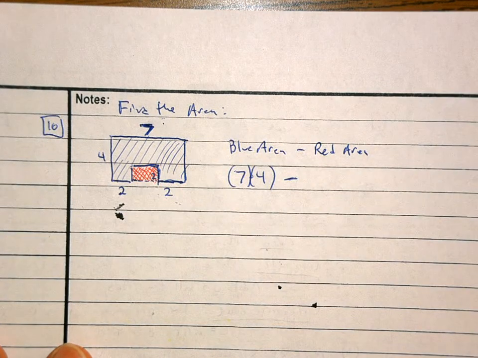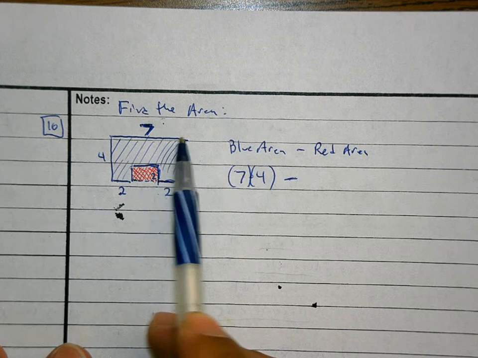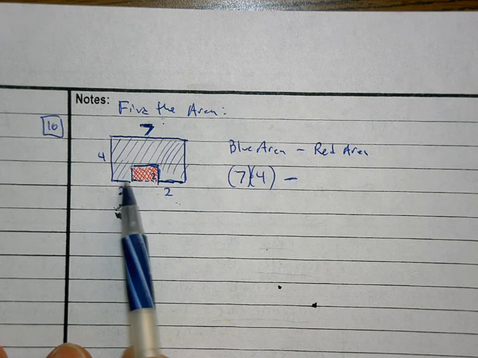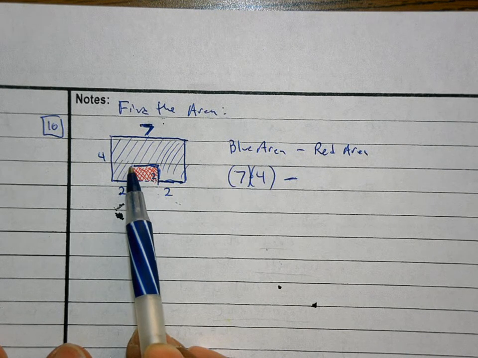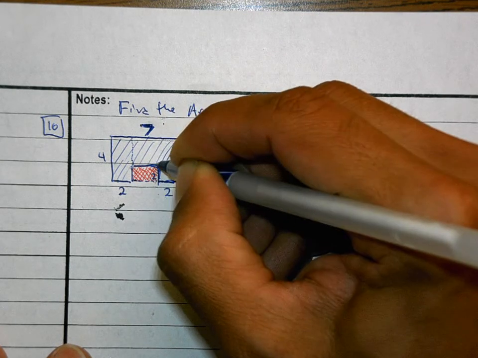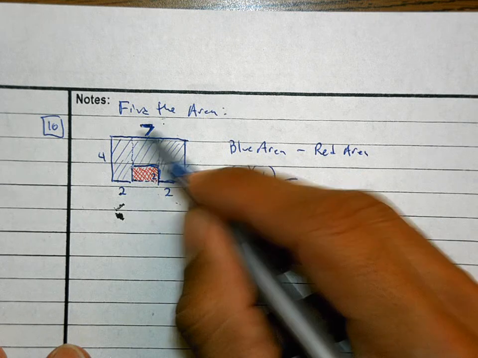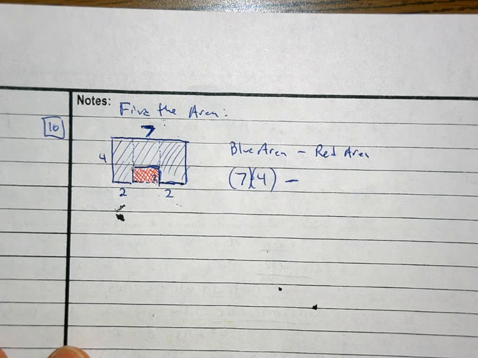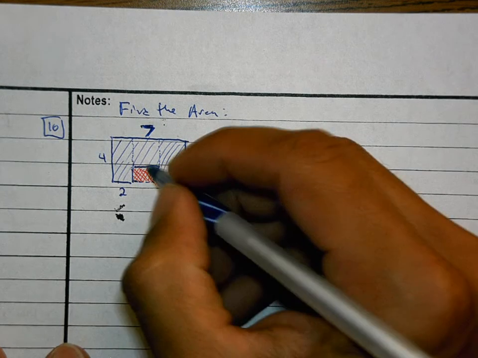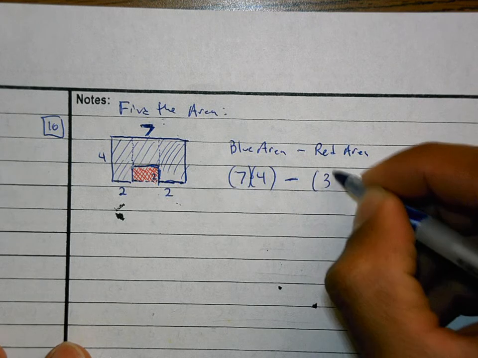Right. How far was this side? 7. So if this is 2 and this is 2, then we can think of a little dotted line going up and another dotted line going up, and that this is 2 and that's 2 and that needs to equal 7. So that missing spot has to be a distance of 3. So the red area is 3 by 2.